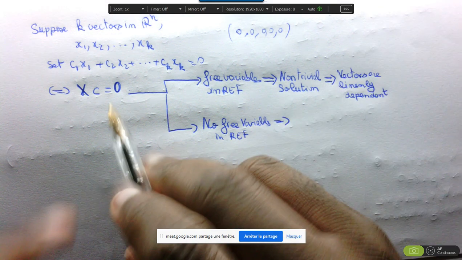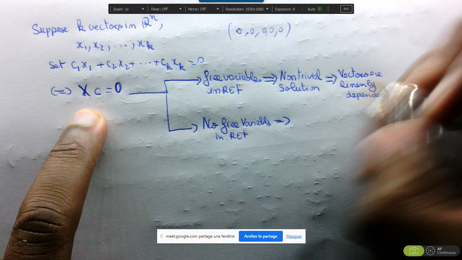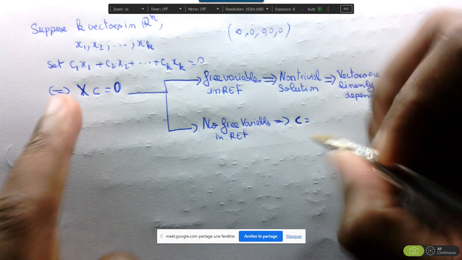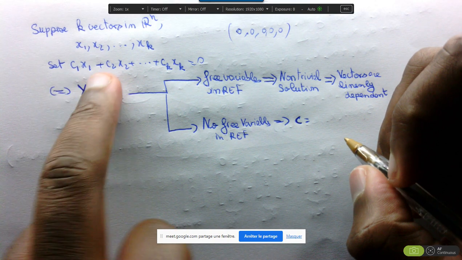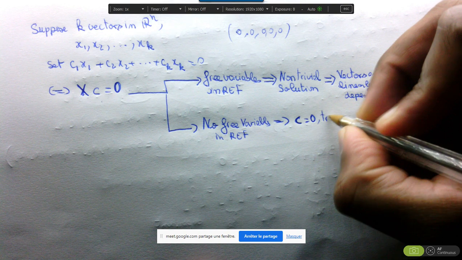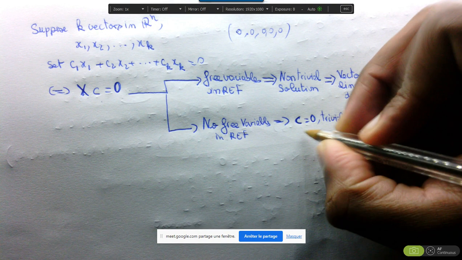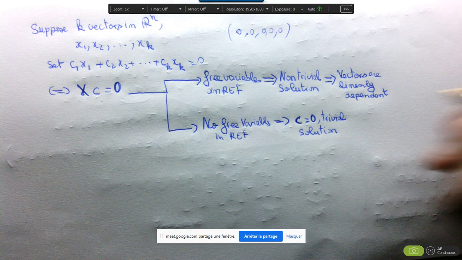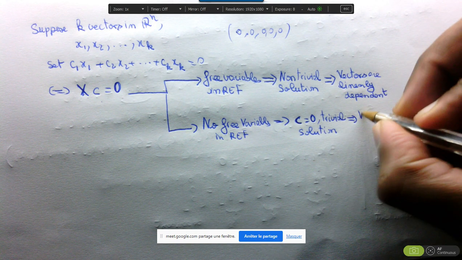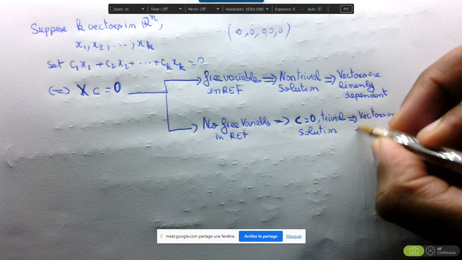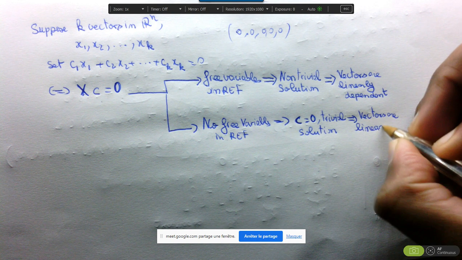So the vector c that contains those coefficients, all of this is 0. The 0 vector, the trivial solution, and because we have the trivial solution, that means the vectors are linearly independent.